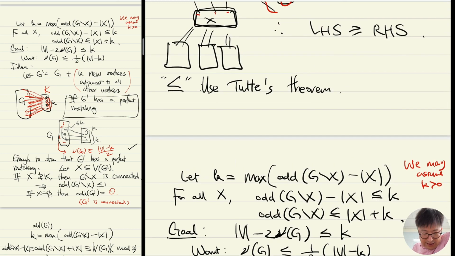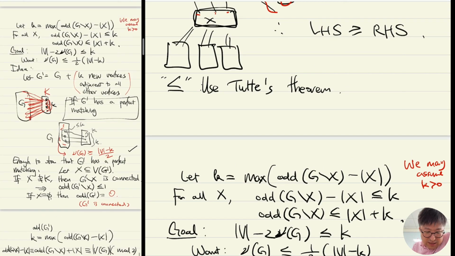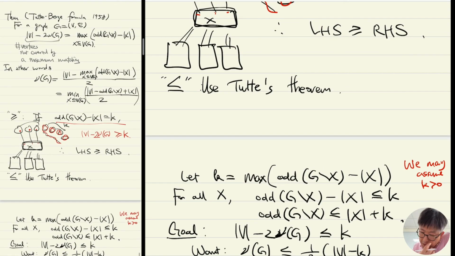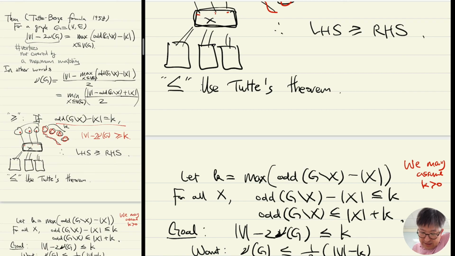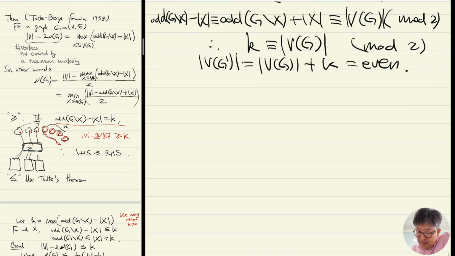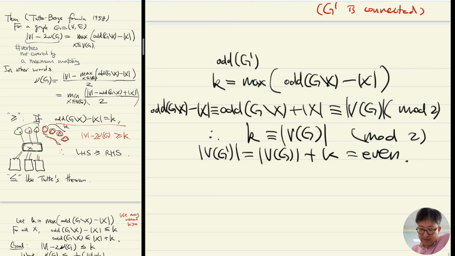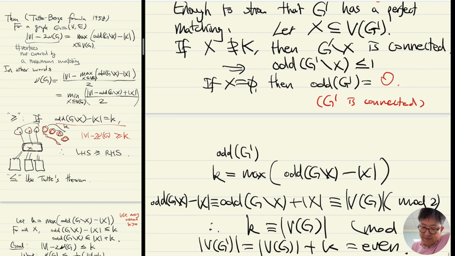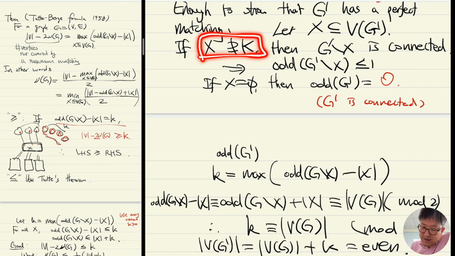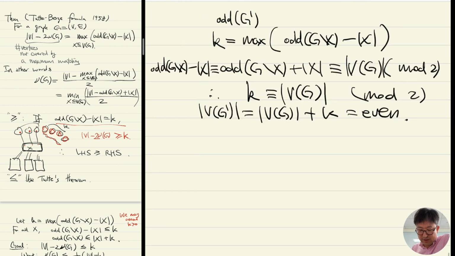But if K is 0, then there's nothing to show, because it's immediately implied by Tutte's theorem. You have a perfect matching. All right, so that shows that if X doesn't cover K, then we have a valid inequality.